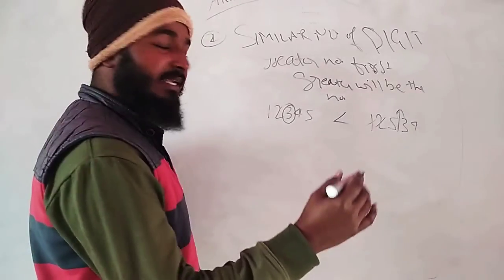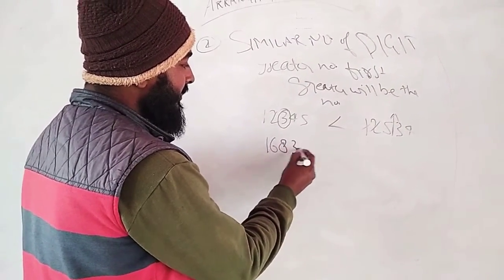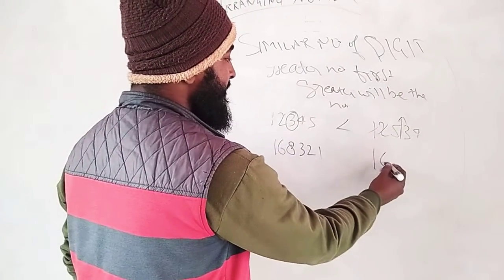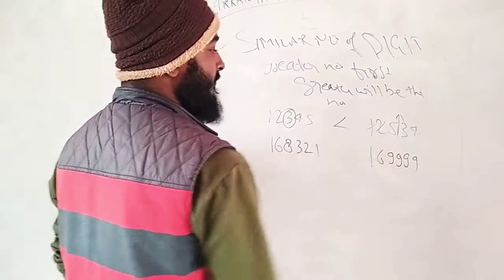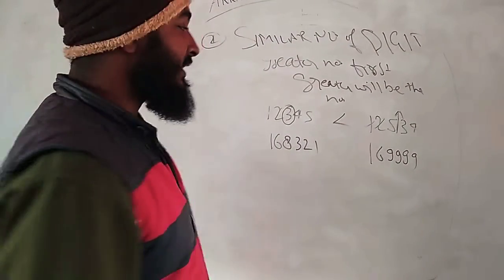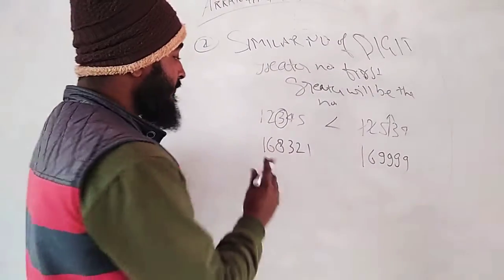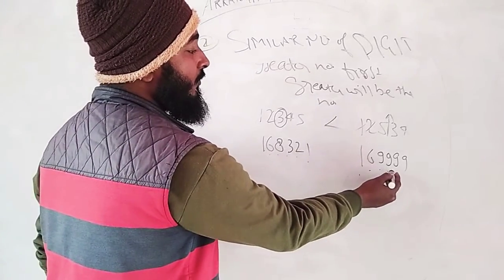Next, take another example, like 1, 6, 8, 3, 2, 1 and 1, 6, 9, 9, 9, 9. Which one is greater? First of all, count the digits: 1, 2, 3, 4, 5, 6, and 1, 2, 3, 4, 5, 6.